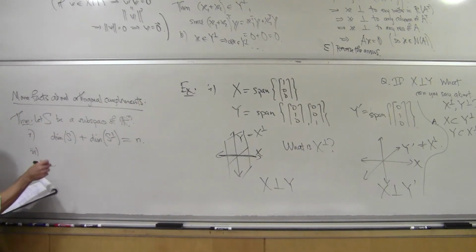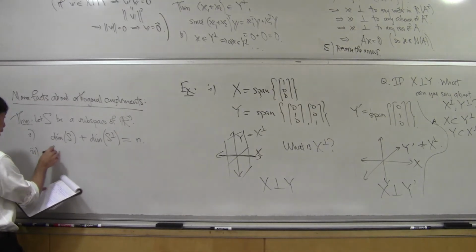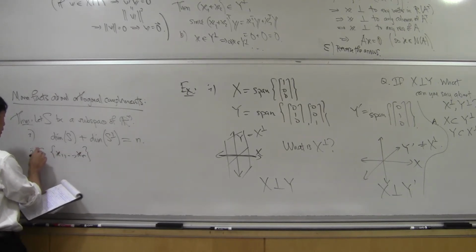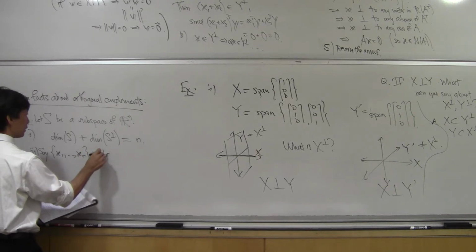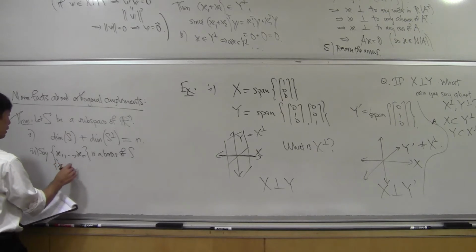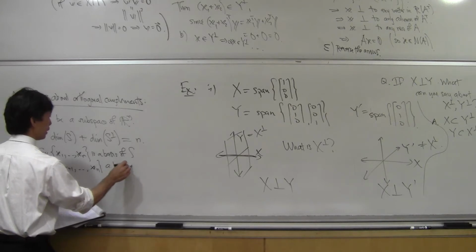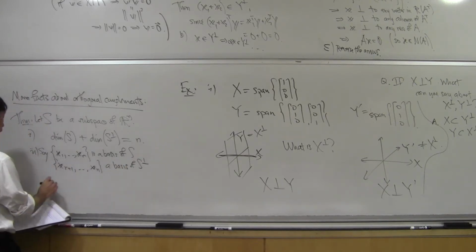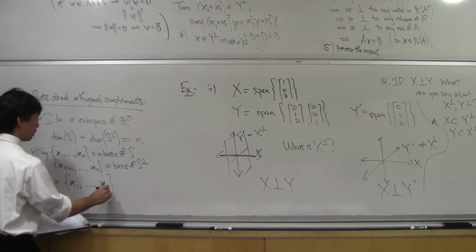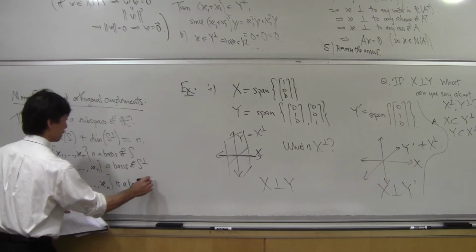Part 2 is that if x1 through xr is a basis of S, and xr plus 1 through xn is a basis of S perp, then you can just amalgamate them into one big thing that is a basis of Rn.